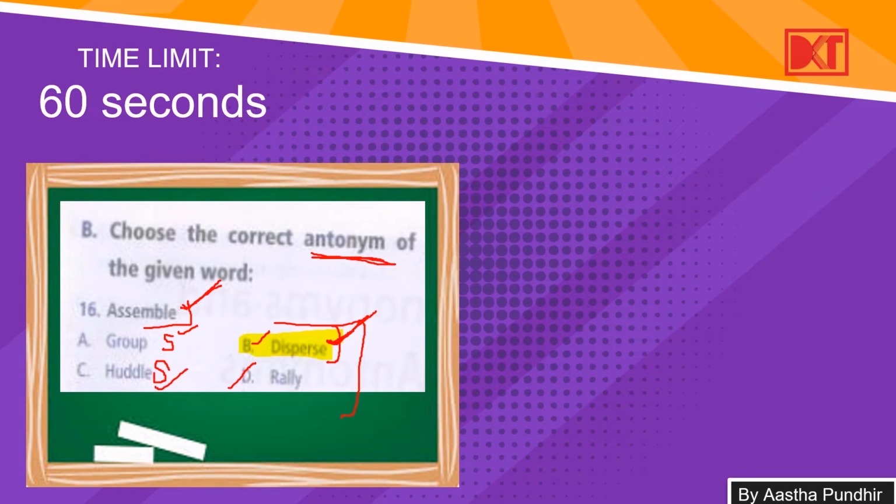This could also be called a synonym. Rally could also be called a group of people coming together, walking for some purpose. So all these are synonyms of assemble. What are synonyms? Synonyms are the words which mean the same, on the similar lines. So group, huddle, rally, assemble, these are the synonyms, and disperse is the antonym. Alright.